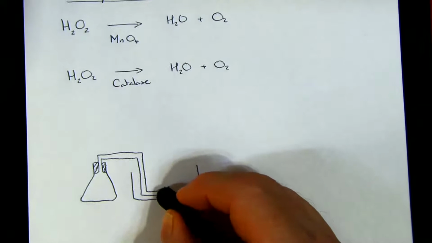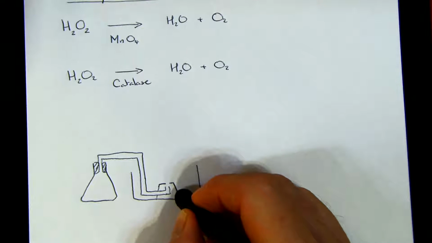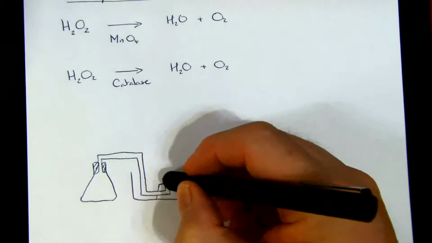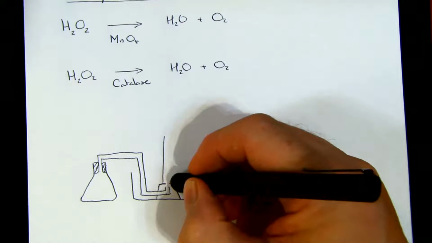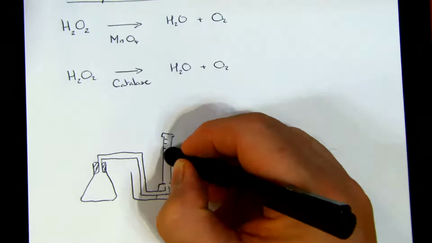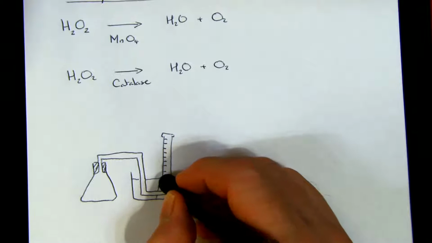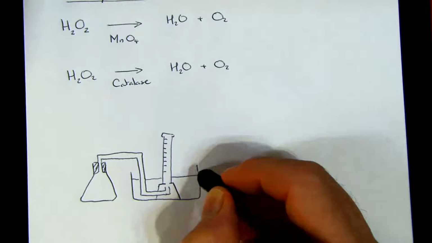In the bowl of water, I'm going to put over this a special item called a beehive shelf. And then over that, I'm going to place a measuring cylinder. I'm going to fill this all up with water.